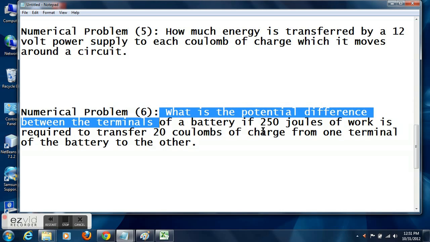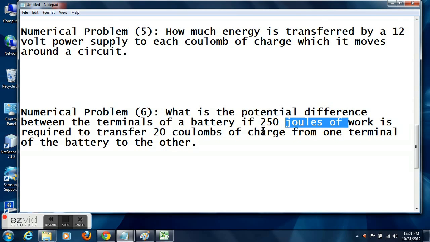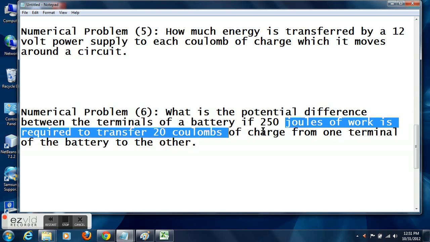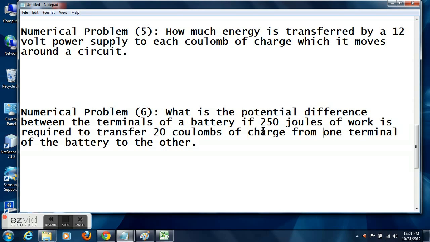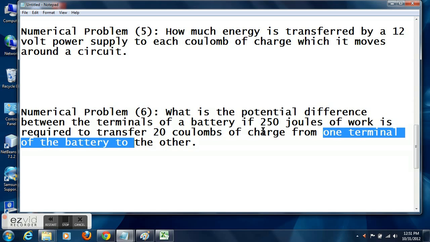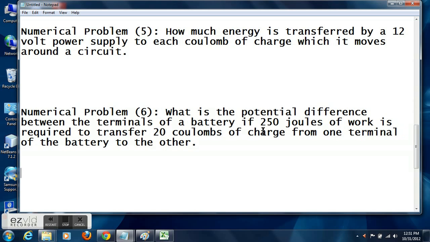Let me repeat again. What is the potential difference between the terminals of a battery if 250 joules of work is required to transfer 20 coulombs of charge from one terminal of the battery to the other?